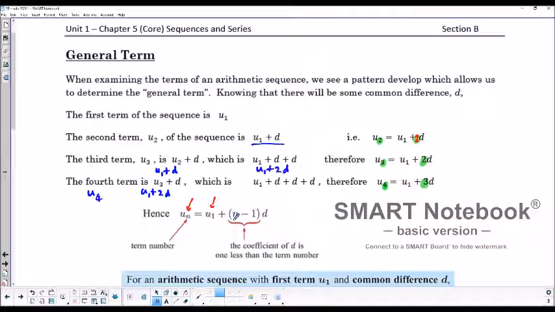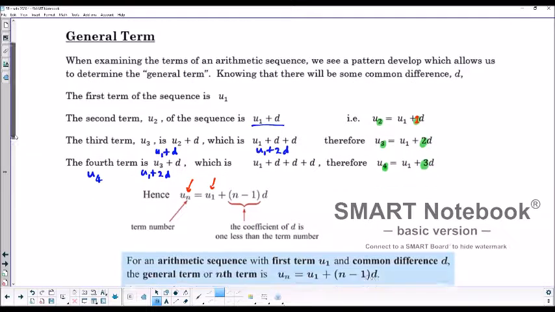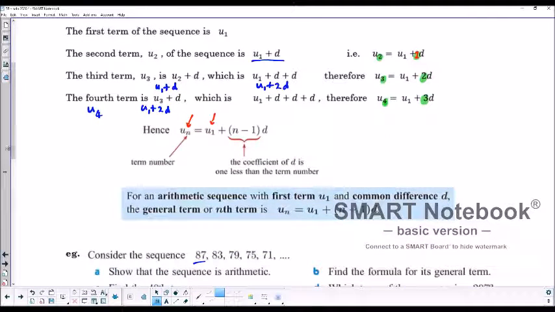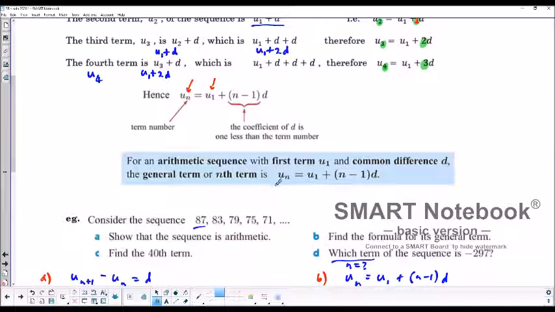And then you add that on, and you will end up getting the term you're looking for. Okay, so the formula for the general term is U sub n equals U1 plus n minus 1 times d. U1 is the first term, the common difference is of course d, and n is the number of the term that you're looking for.